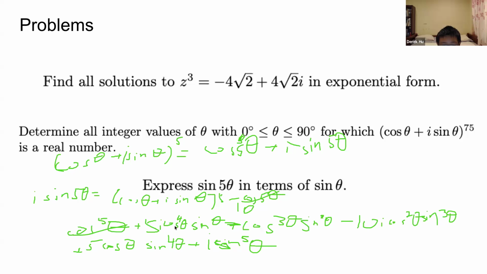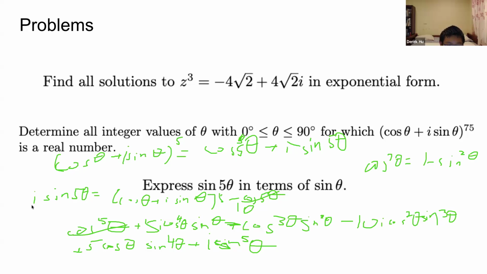We know that cosine squared theta is equal to 1 minus sine squared theta. Oh wait, I missed a step.